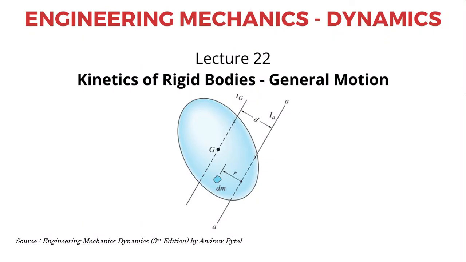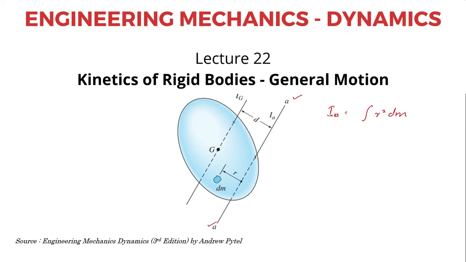Let me show you a figure here. This is the corresponding AA axis, and I have a differential mass dm at a distance r. So the mass moment of inertia of this entire rigid body with respect to this axis, I_A, is given as integral r square dm.